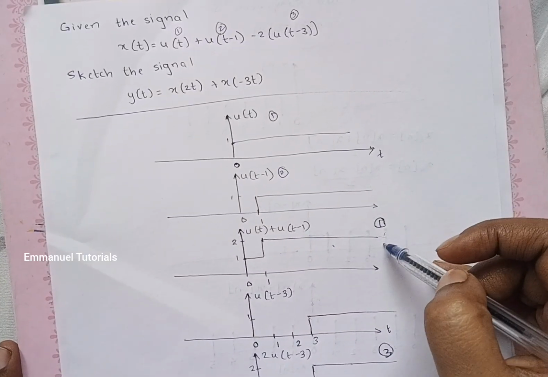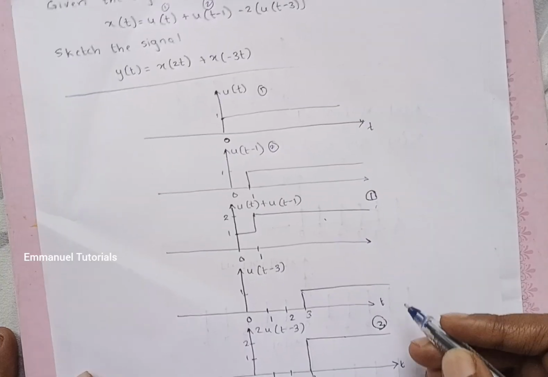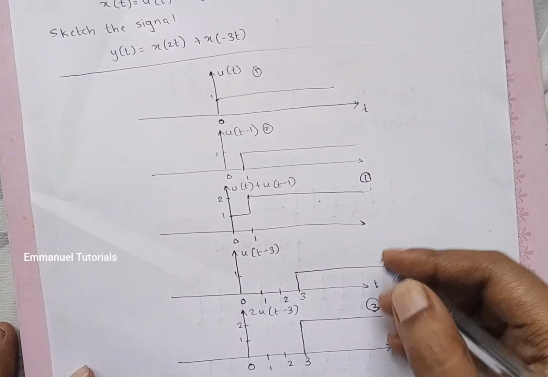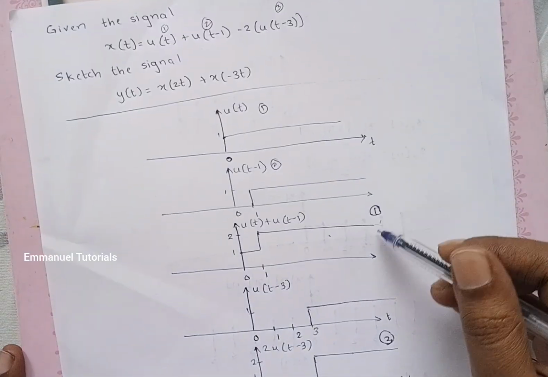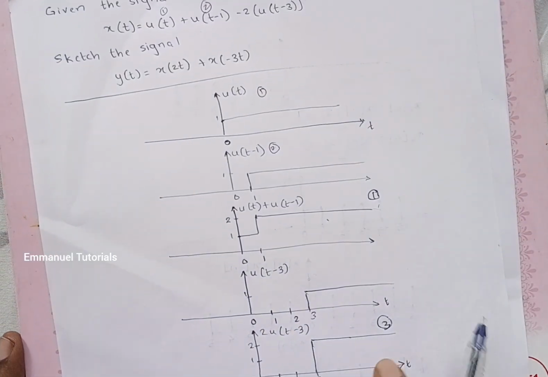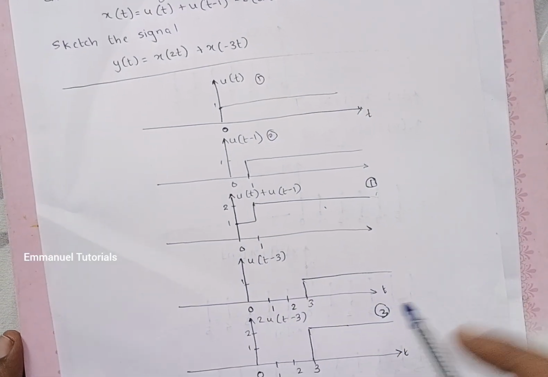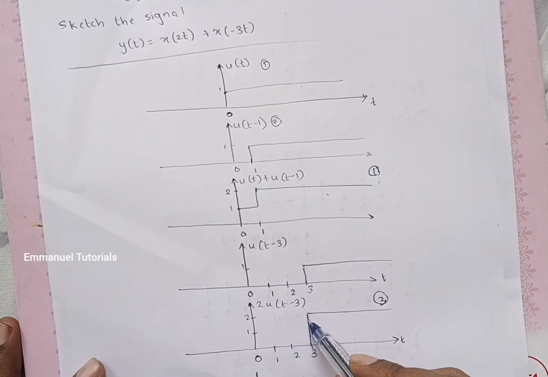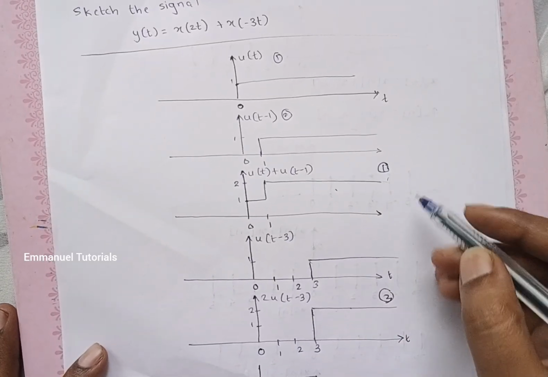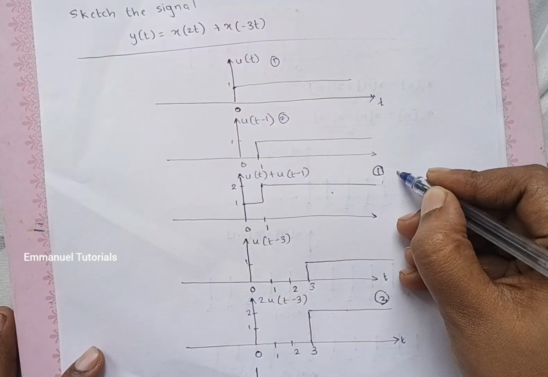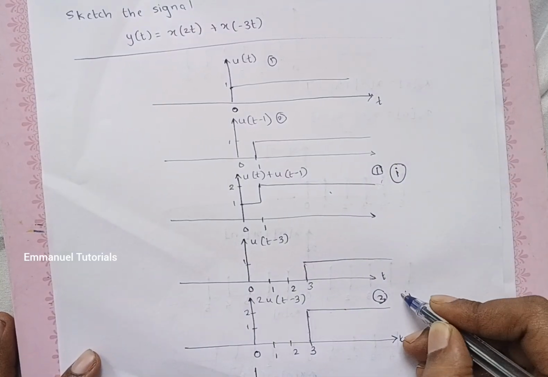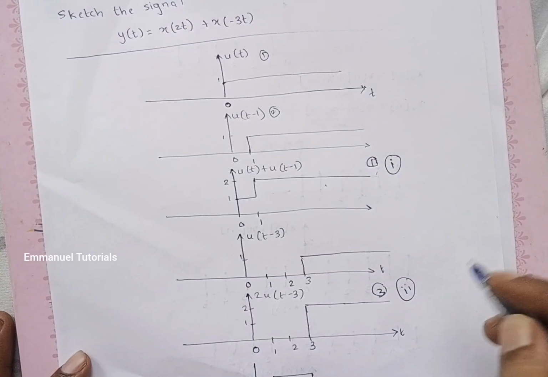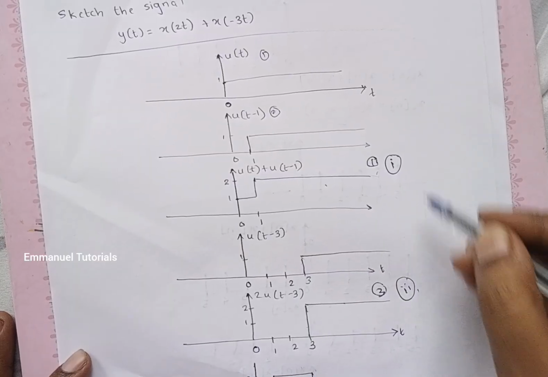So this is our addition of the first and second part of the signal. Now this signal we will be using to subtract. The third part of the signal will be subtracted from this signal. The third part of the signal, if you see, is this one. Now we'll consider this one as first, and this as second. Now we have to subtract second from first.